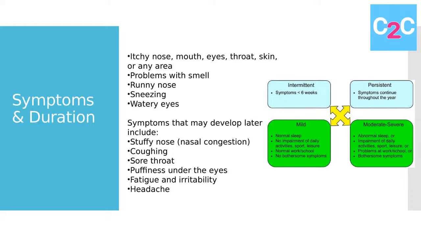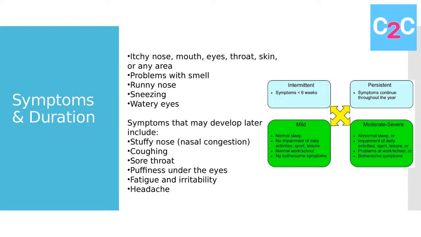But the moderate to severe form is where we need to actually pick up the illness early and start the treatment, where the patient is having disturbed sleep, impaired daily activities, be it a sport or a leisure activity, and more so a lot of children who are unable to concentrate in school for a longer duration of time.